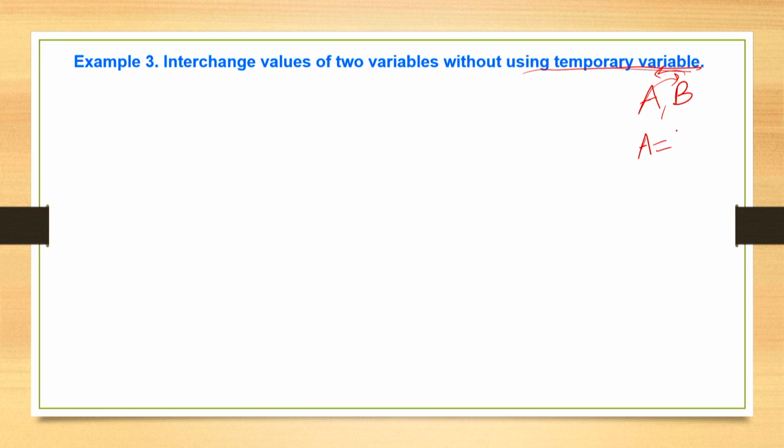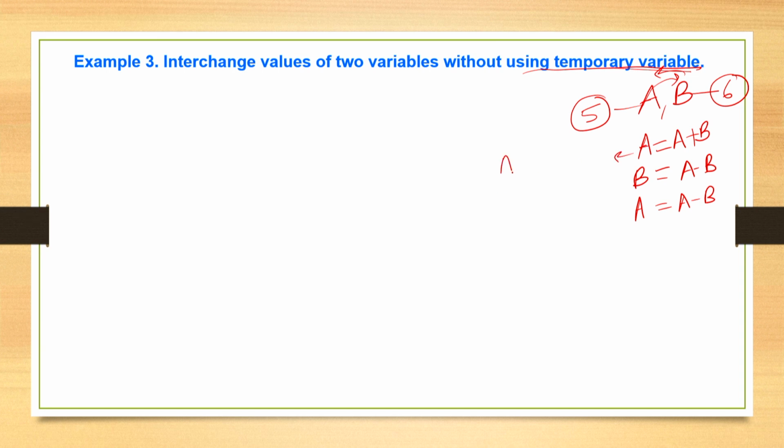If I write A is equal to A plus B, then B is equal to A minus B, and then A is equal to A minus B, is it going to solve our purpose? So let's check. Suppose the value of A is 5 and B is 6.